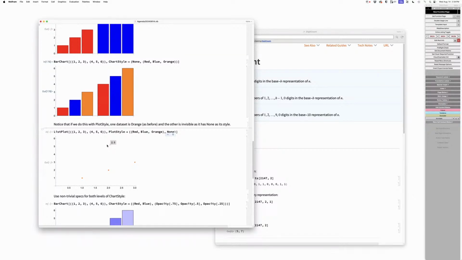Next, it's an interesting buried treasure type idea. Even though it's none and it's not shown, the plot still knows about it. So if you were to say filling goes from list 1 to list 2, then you would get a line from the orange point up to where the other point would have been, but you won't see the other point.